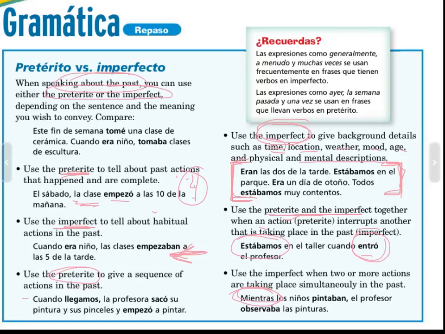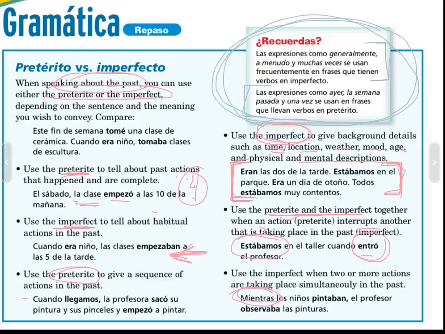Okay, I want to direct your attention to this box up here, which is really, really important. It says expressions like these up here are used to indicate imperfect because generally, a menudo, regularly, muchas veces, lots of times, they indicate that things happen frequently, but we don't know how many times specifically, while these indicate specific times.